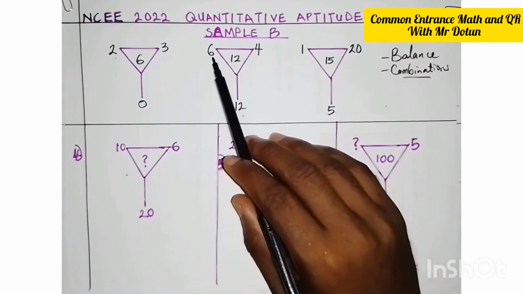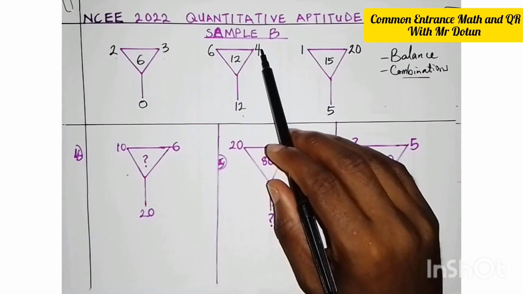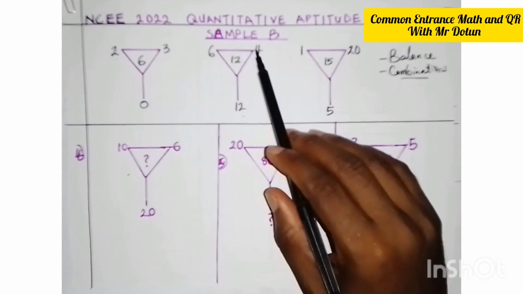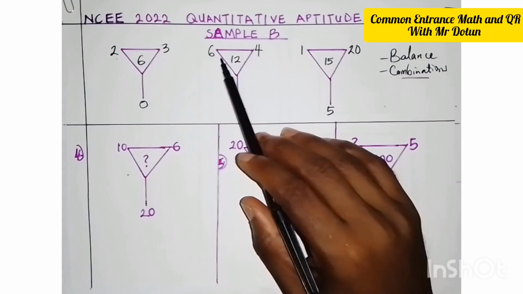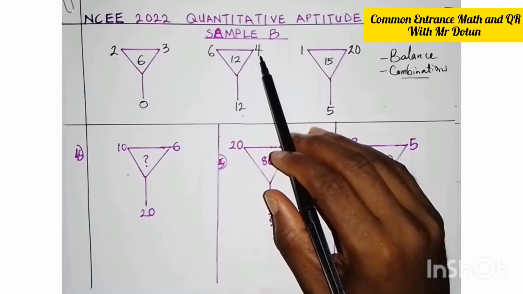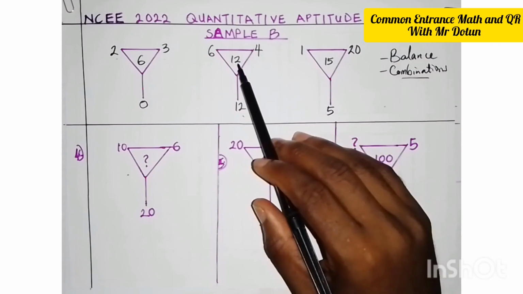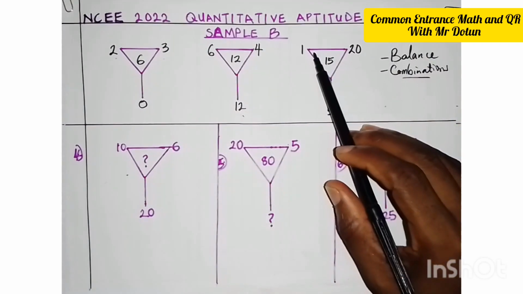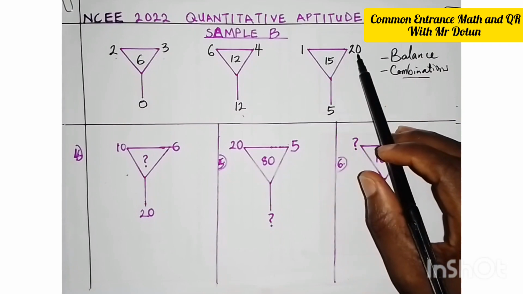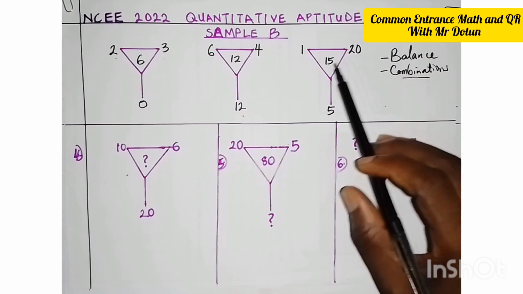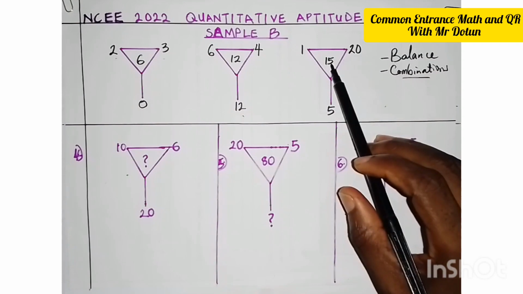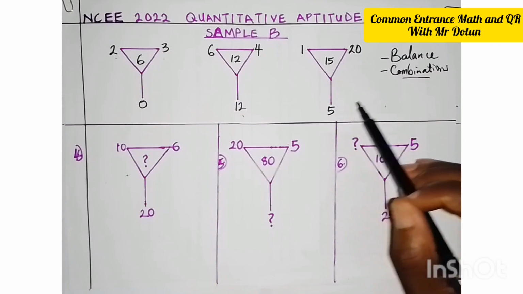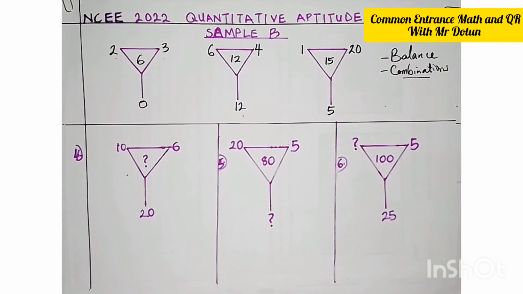Let's try it with this. 6 times 4 is 24, and 24 minus 12 is 12. Okay, let's try it here. 1 times 20 is 20, then 20 minus 15 is 5. Fantastic. I just tried that out, and that happened to be a hit.